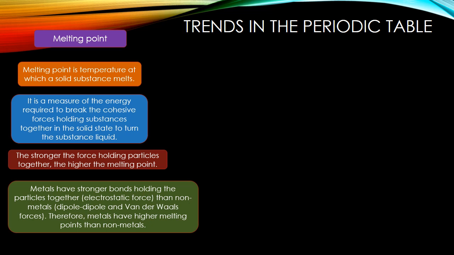Nonmetals have weak bonds between the particles. The particles in nonmetals are in form of molecules. Therefore, weak van der Waals forces hold the molecules together. This means that metals will have higher melting points than nonmetals.